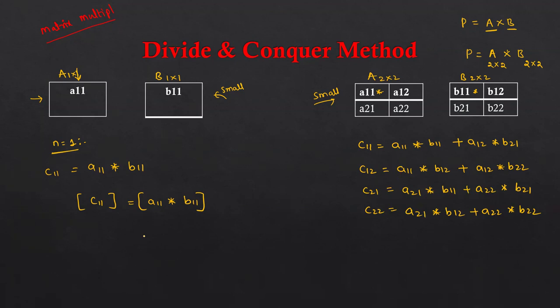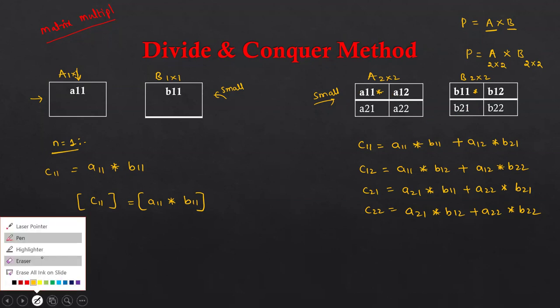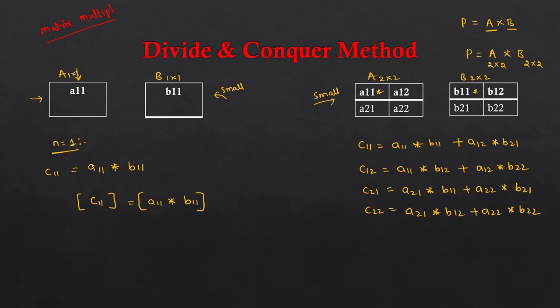Because this is also considered the smallest matrix, you are going to perform 8 multiplications. In the 1 by 1 case, only one multiplication takes 1 unit of time. If the size of your matrix is 2 by 2, let us see how many single element multiplications will be performed.